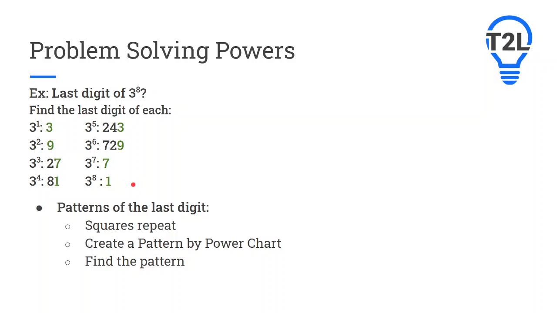It requires a lot of memorization since there's different patterns for each number. So yeah, that's really the only thing. The answer is 1. And to know, you would just find the remainder. So 8 divided by 4 is 2, remainder 0, and you look at here, it's 1.